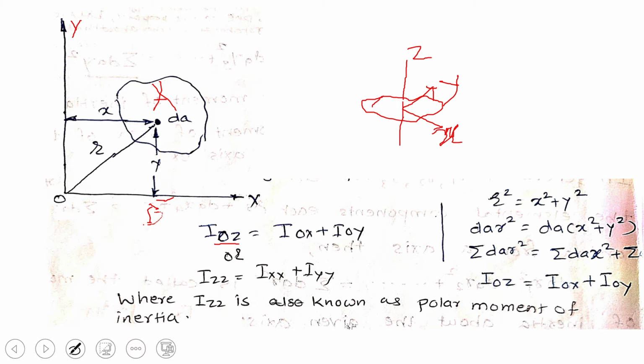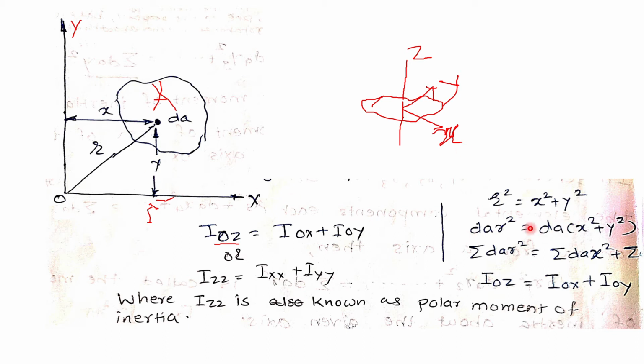So on this lamina, for this particular right angle triangle OAB, r square is equal to x square plus y square, right?